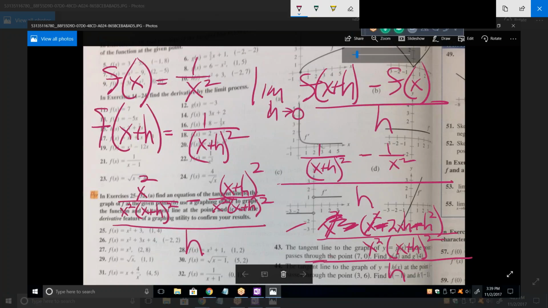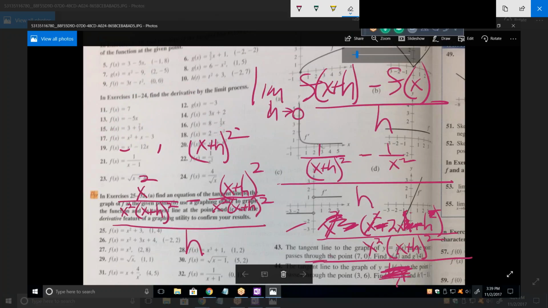And now notice that all I have left in the numerator is stuff with h's in it. You can pull out an h. So if I put a 1 under that h, flip and multiply, then that h cancels with that h, such that I have the following, and I apologize, I'm going to have to make some room here.